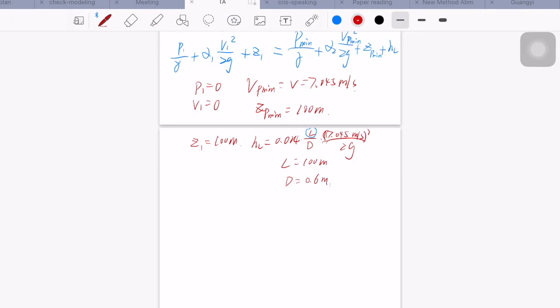So now we can get that the minimum pressure should be equal to negative 82.7 kilopascal. So we finish this problem.